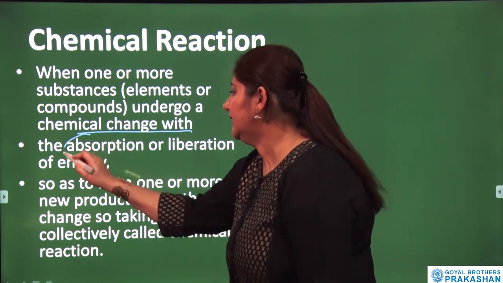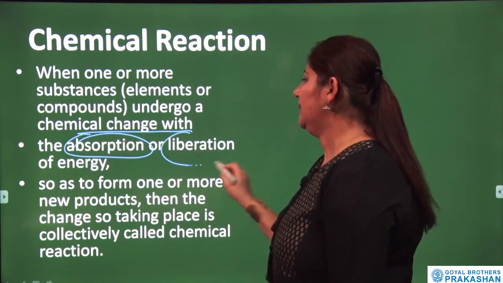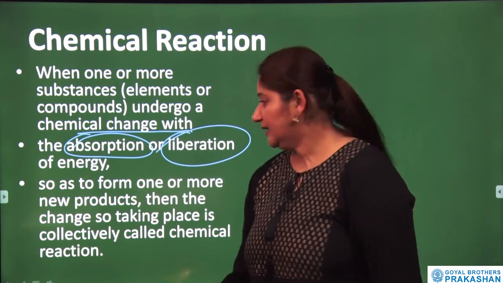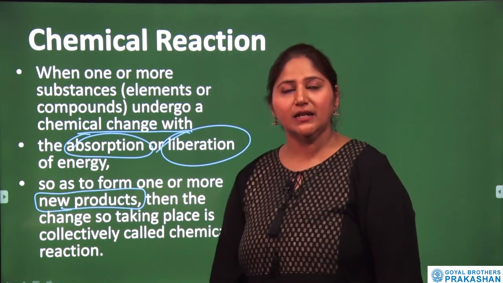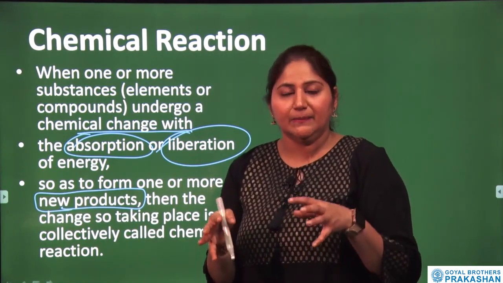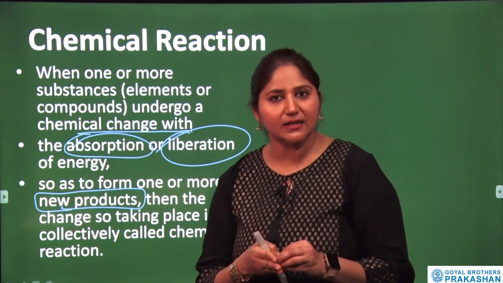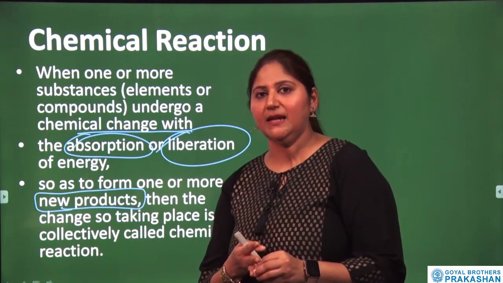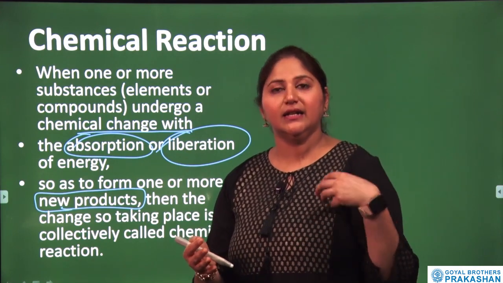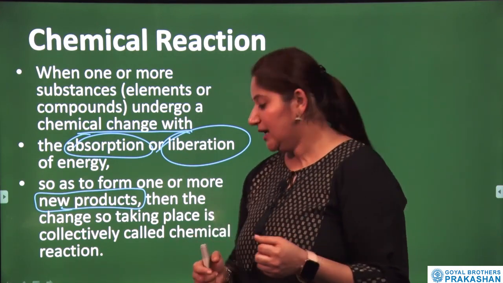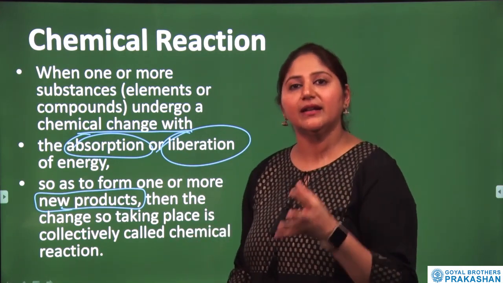One, there is either absorption of energy or liberation of energy, and there will be new products formed. So collectively, this is the process in which a new substance is formed, chemical change takes place, and there is the exchange of energy, either release of energy or gain of energy. Then we call it a chemical reaction.